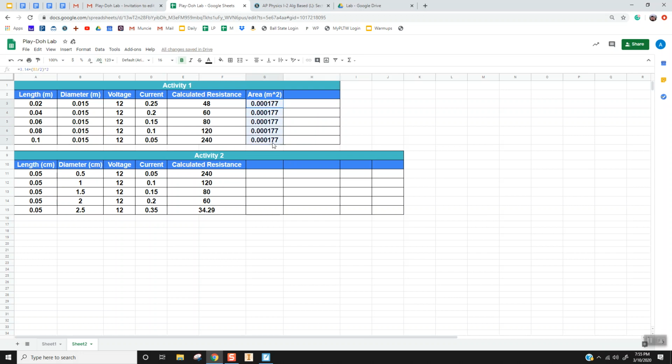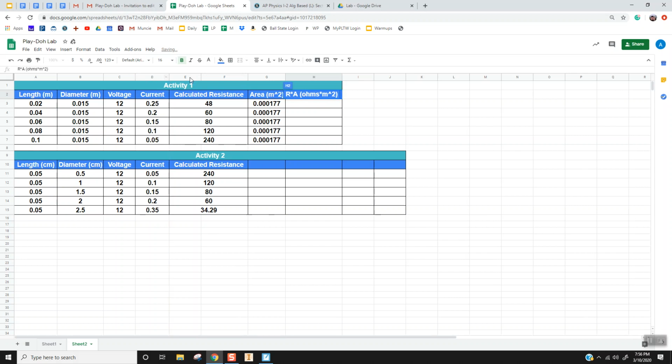Now, these should all be the constant here because our diameter stayed the same, but we're wanting to look at the y value of my graph, and that's going to be resistance times area. And so that's going to be ohms times meters squared. Okay.